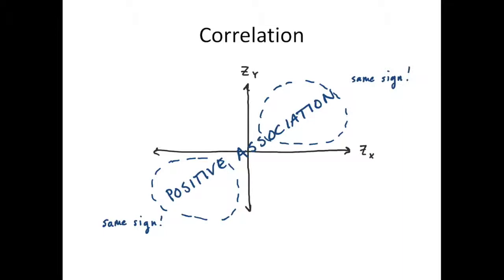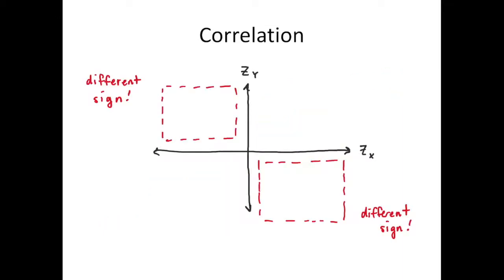And note that when we have a positive linear association between two variables, most of the data points, at least their standardized versions, will fall into this first and third quadrant. Now, a few may linger over in the second and fourth quadrants, but the majority of the time, when we're multiplying the standardized coordinates together, we're going to be getting positive quantities.